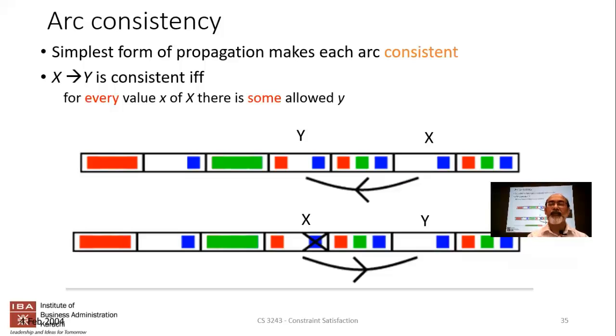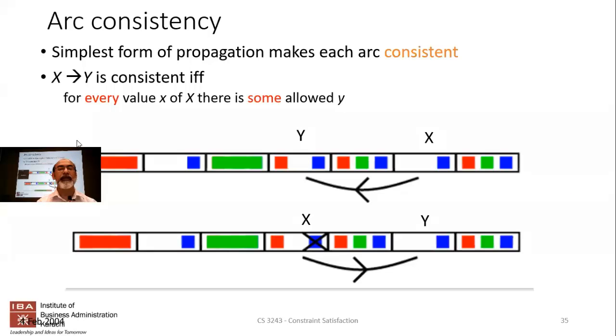Let's take a look at one more procedure that is used, and that allows further improvements, okay? So this is something called arc consistency. Arc consistency means that let's say you have an arc x to y, which means that they're both adjacent, and so you look at both arcs x to y as well as y to x.